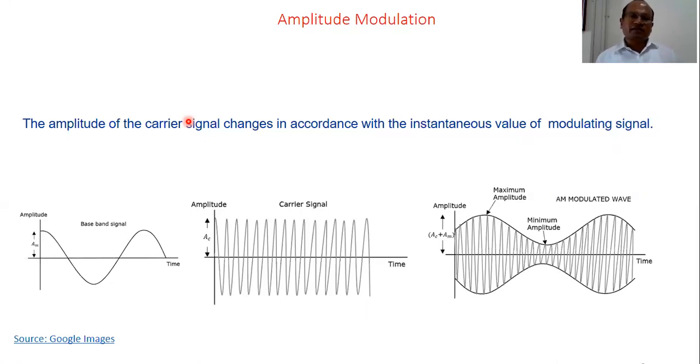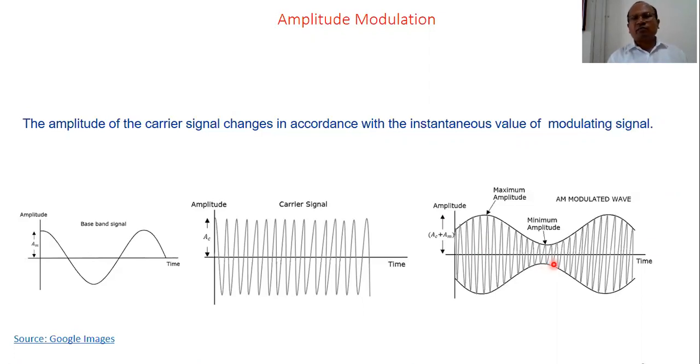amplitude modulation concept. You can see here we have been discussing the concept of amplitude modulation for the last few lectures, and we know that in amplitude modulation the amplitude of carrier signal changes according to the instantaneous value of the modulating signal.